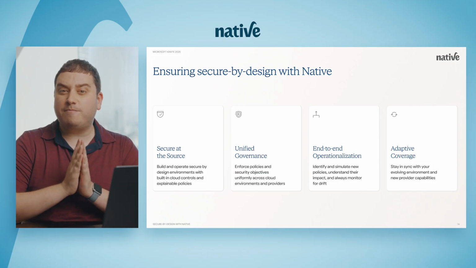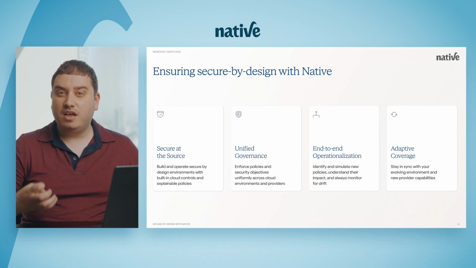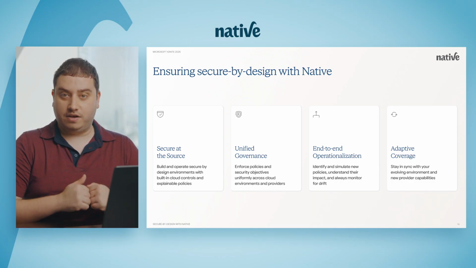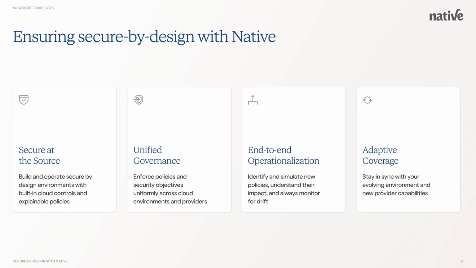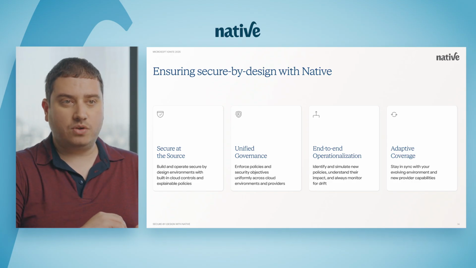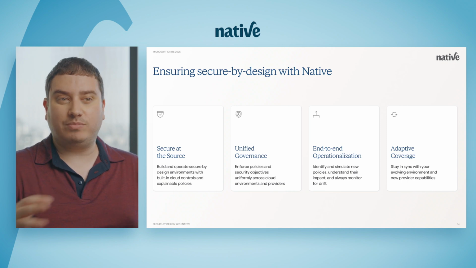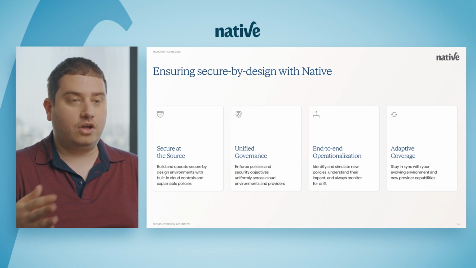We use the native built-in security capabilities to provide security at the source, security within the provider itself. Beyond that, we offer a unified governance engine from which you can go in, reason about your security objectives, and we translate them to security capabilities across cloud providers.